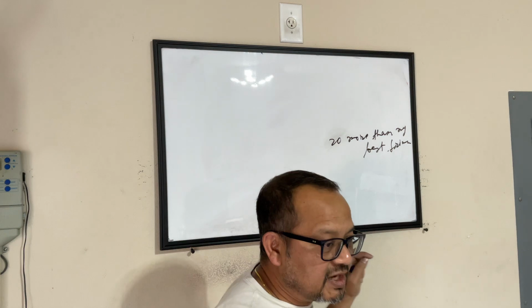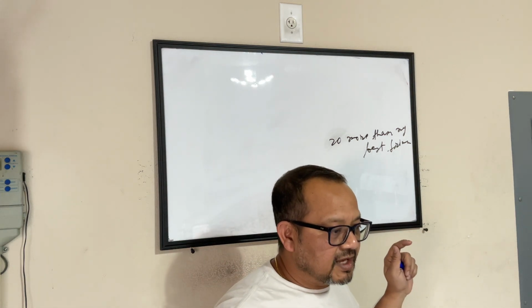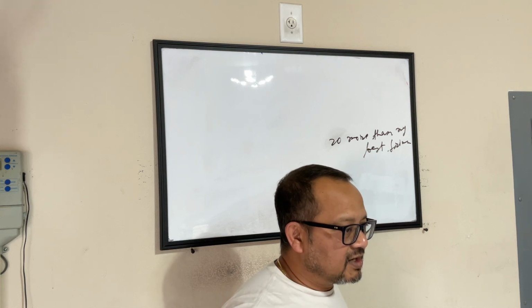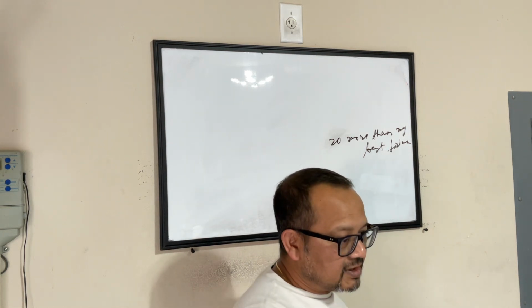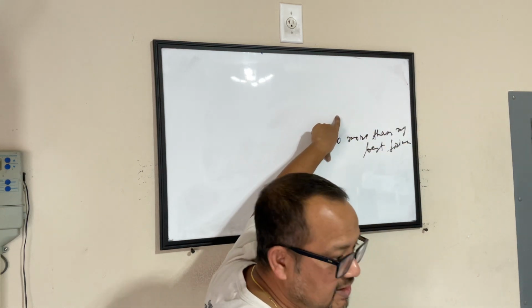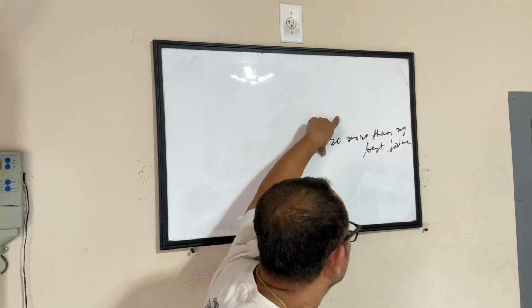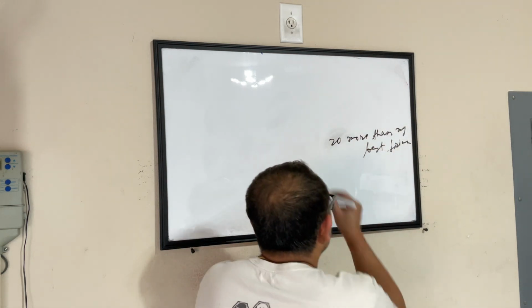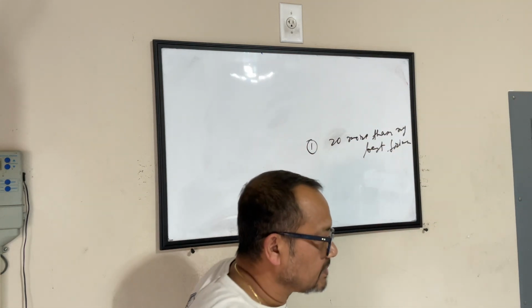Yeah, Diti. 70? Okay, so I'm reading the question one more time. I got 20 more than my best friend. This is the first thing I know from the question.